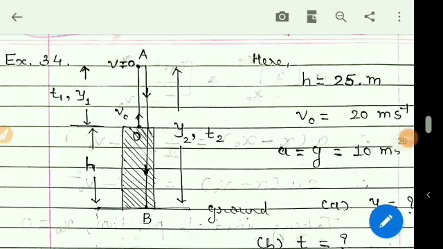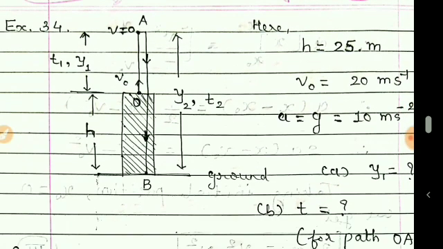Now students, once again about how we can use the sign for these given values. Students, here we know that time is always positive, time can never be negative. So time we will always use positive only if it is given. Second thing, here we have taken acceleration negative.